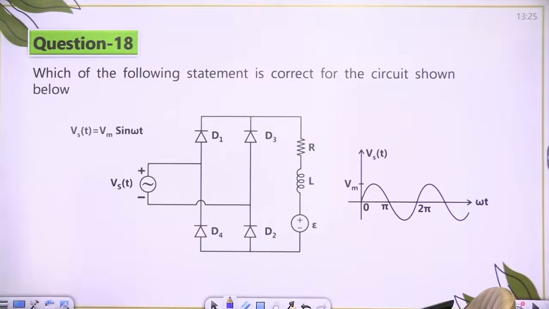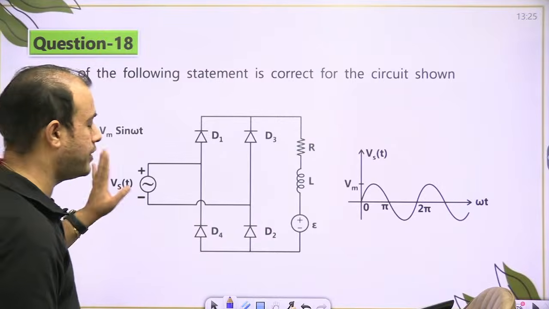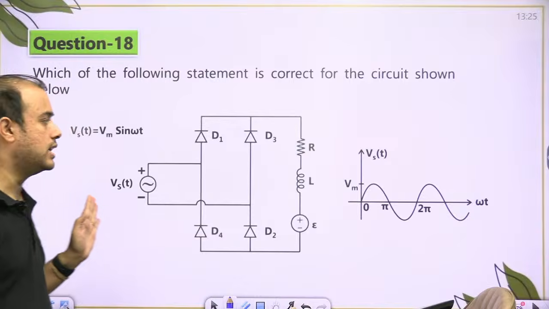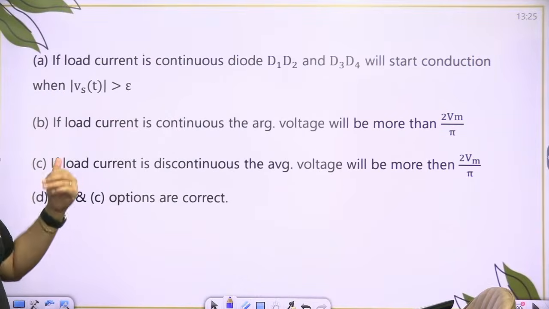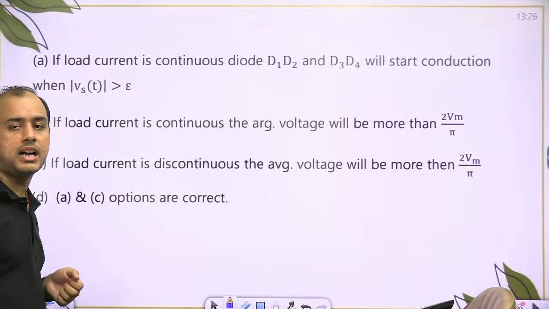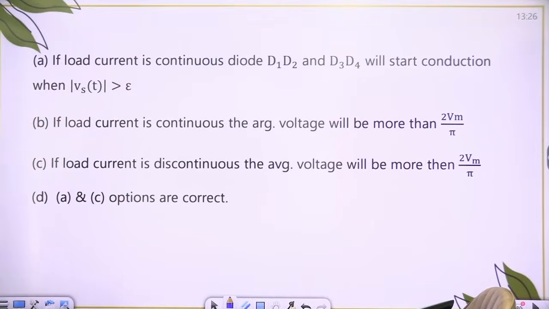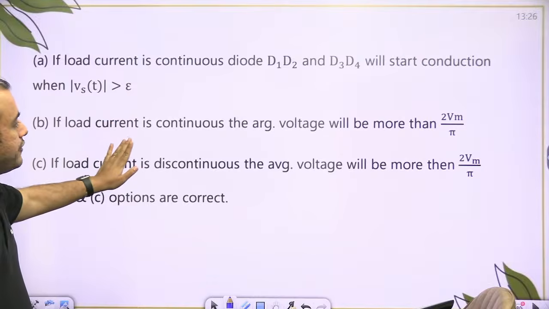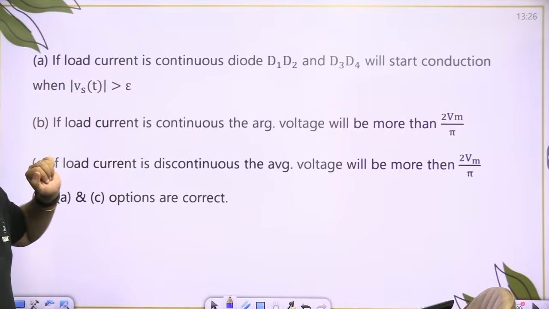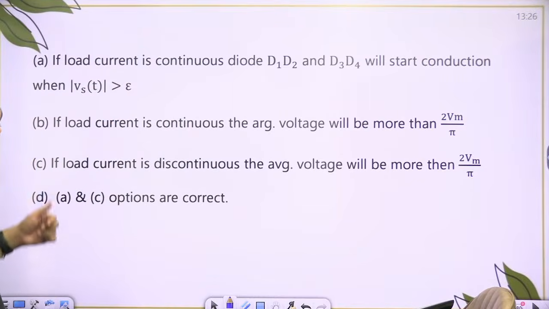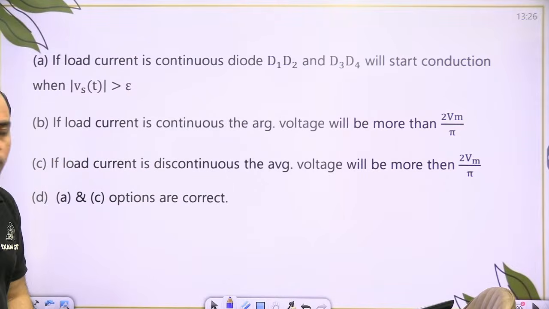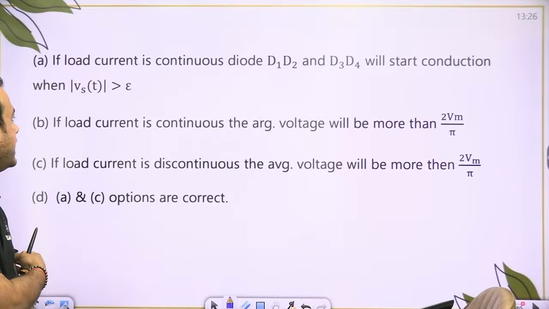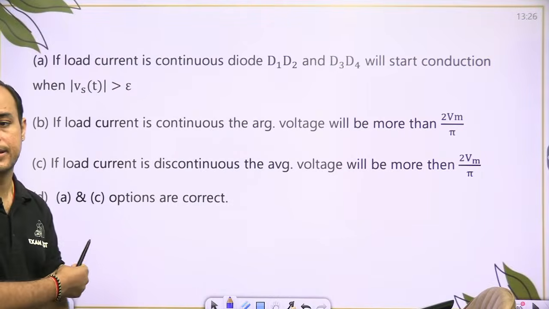Now if load current is continuous, D1, D2 and D3, D4 will start conduction when Vs is greater than E. If it is continuous, average will be more than 2 Vm by pi. If it is discontinuous, average will be more than 2 Vm by pi. A and C options are correct.